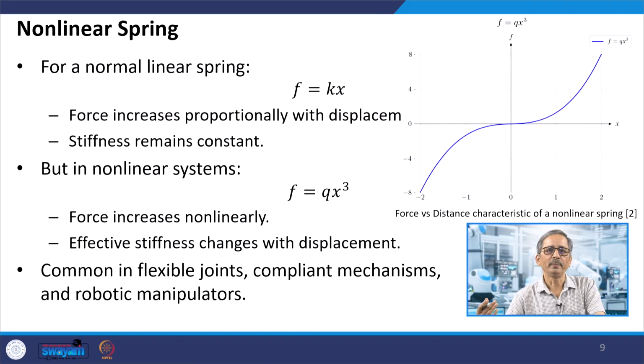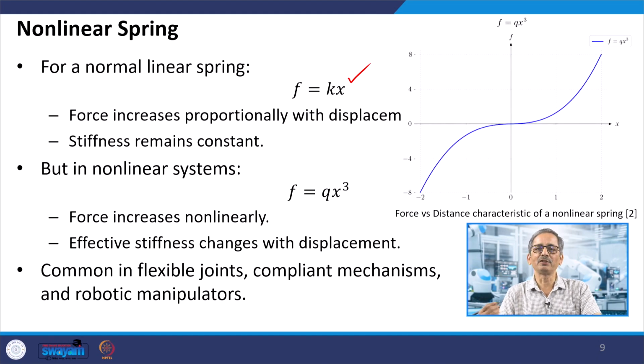First of all, let us see that the nonlinearity could be because of a spring. The model which we have seen earlier to study the behavior was a simple spring mass damper system. If your spring is nonlinear, then for a linear spring, the force increases proportionally with the displacement and your stiffness remains constant.